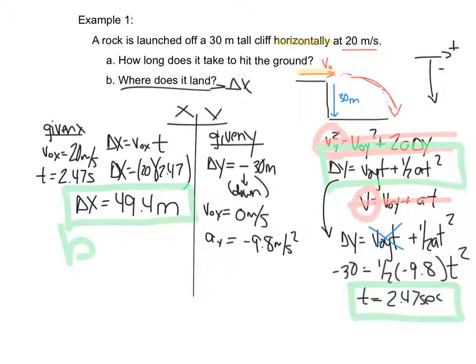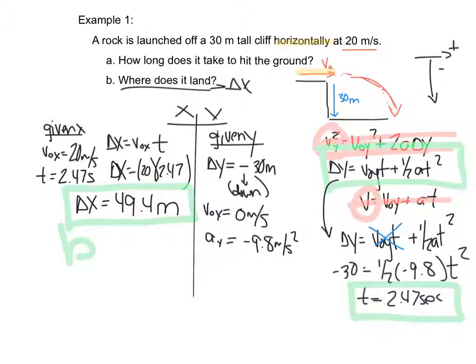Now, if I wanted to make this problem just a little harder, what I could easily do is just ask problem B, where does it land? And in asking just B, you as a physics student and physics doer would need to see, oh, I'm missing this variable of time, I don't have it, so I need to go over to the y side and solve for it.